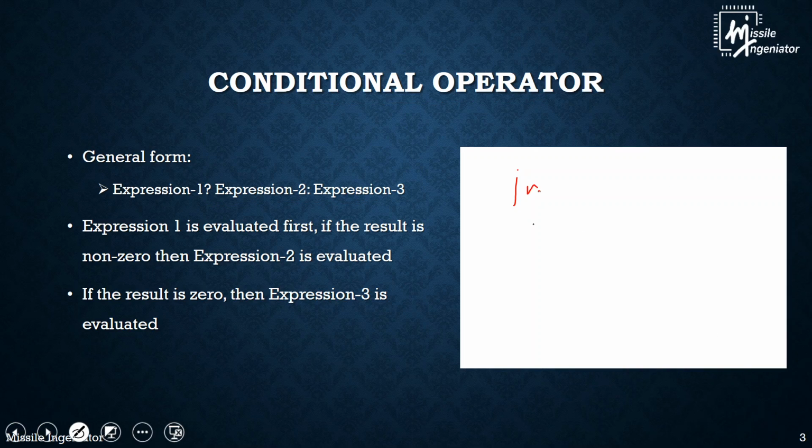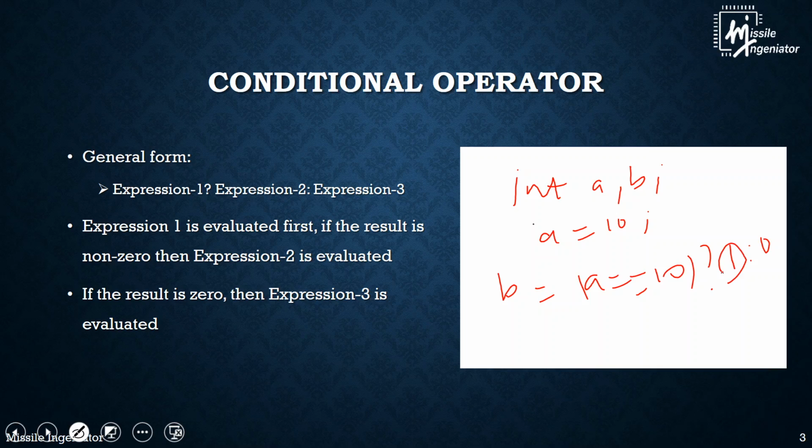Say I declare variables a and b, and I assign a equal to 10. If a is equal to 10, then I assign b the value 1; otherwise I give 0.